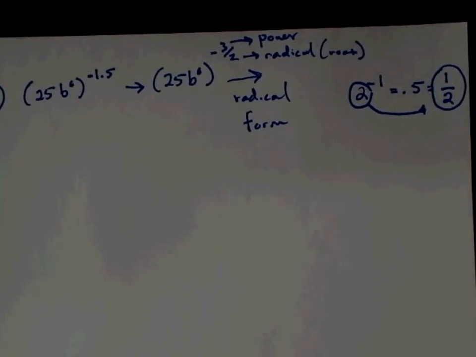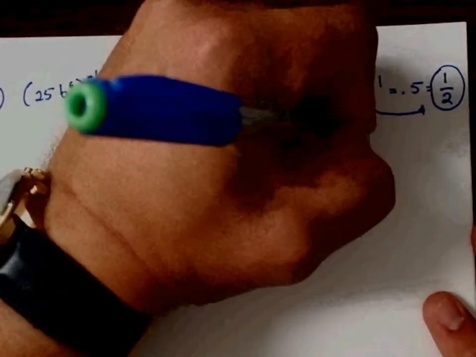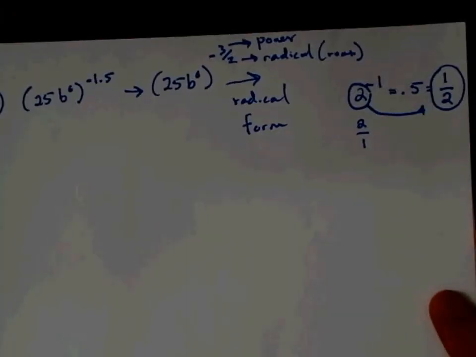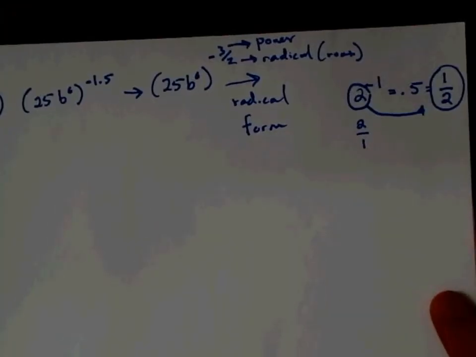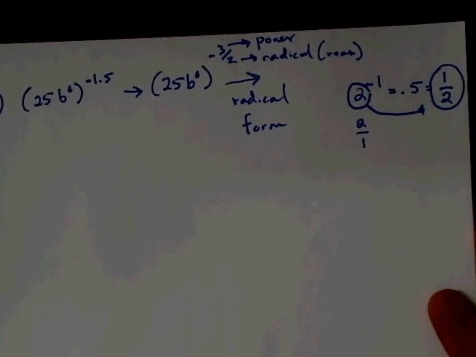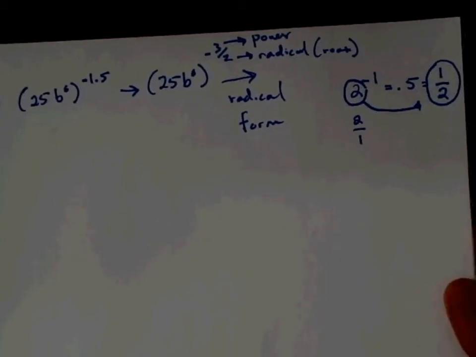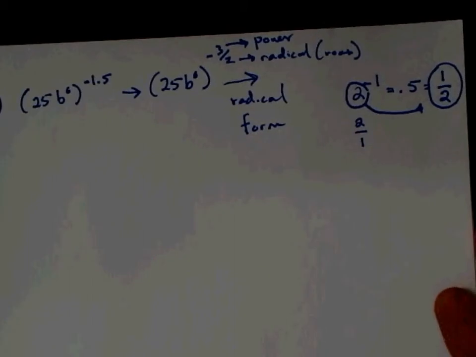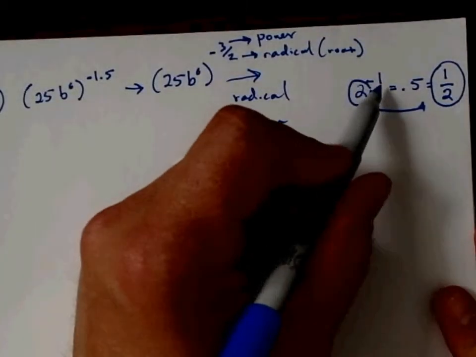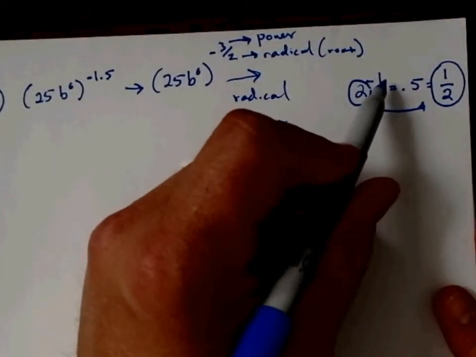What is it? Can I also write 2 as 2 over 1? So what happened when I raised it to the negative 1 power? What's the relationship between 2 over 1 and 1 over 2? The reciprocal. Okay? And so this negative exponent is referred to as the inverse.